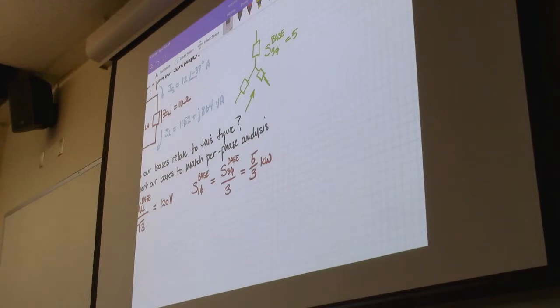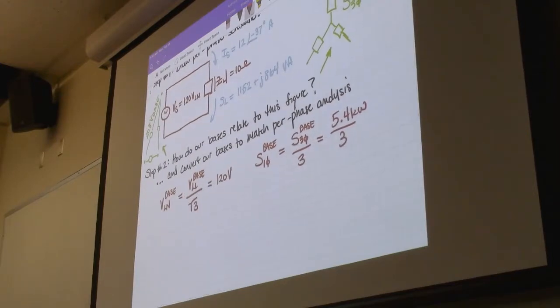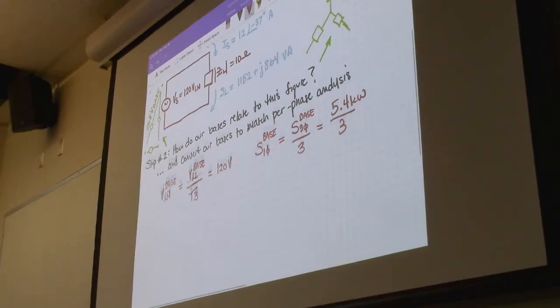All right, so this is 5.4. Okay. So, lastly, we should calculate our current base and our impedance base.